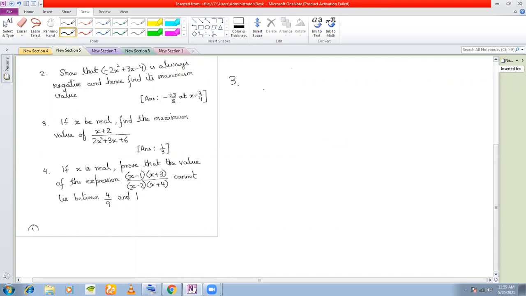To deal with such a question where a fraction is given, you say let y is equal to x plus 2 by 2x square plus 3x plus 6.